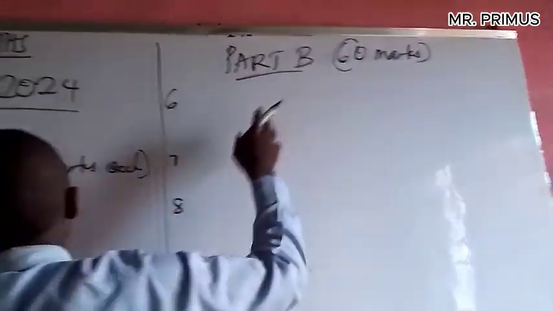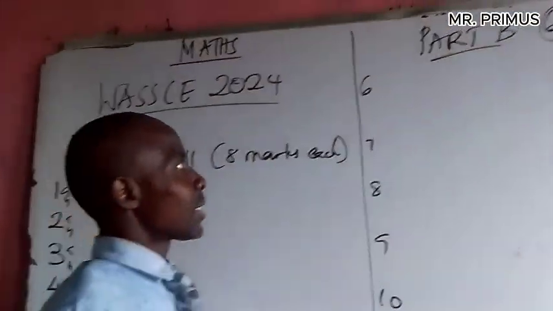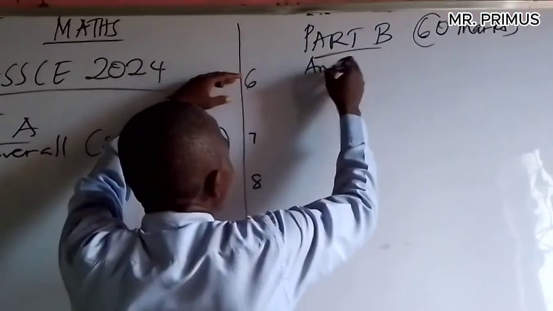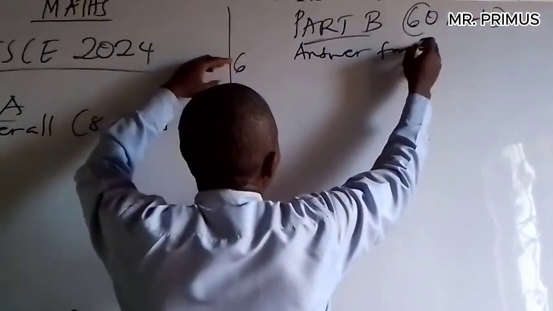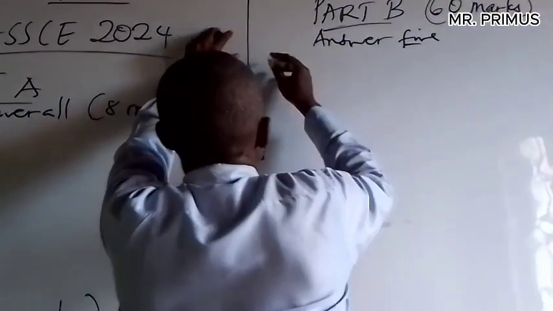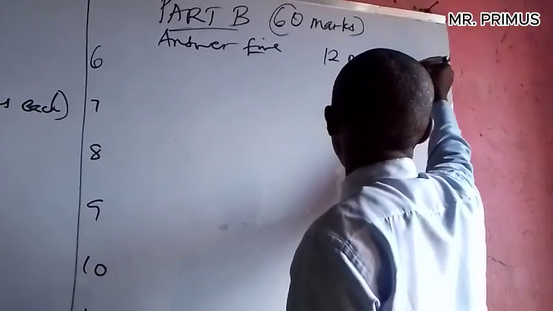So 60 plus 40 will give you 100 marks. Which means if you are to answer any 5 here, each correct answer will give you 12 marks.